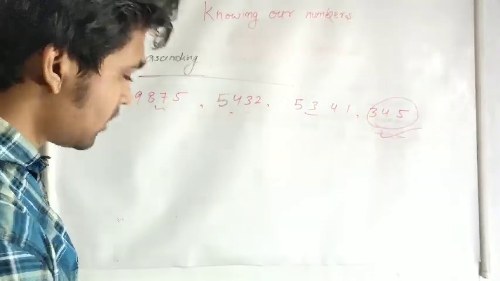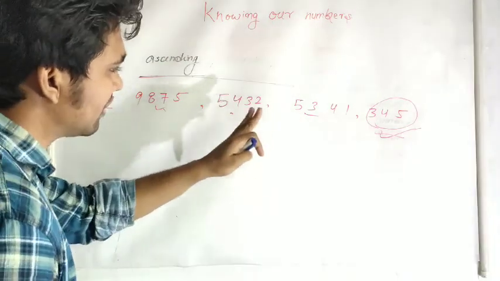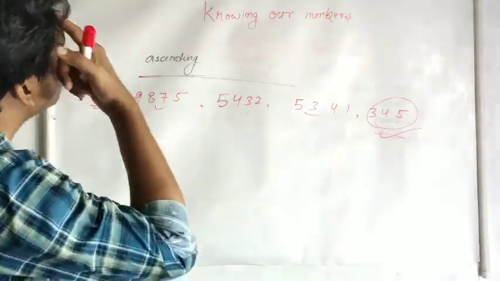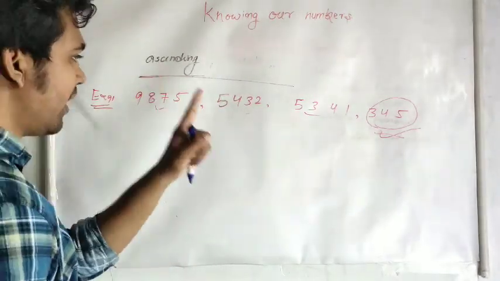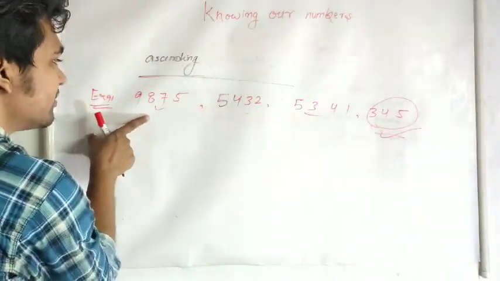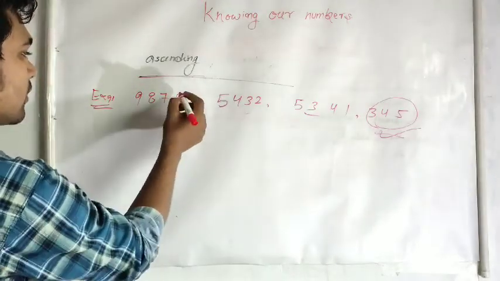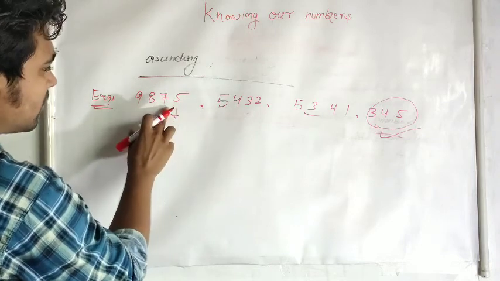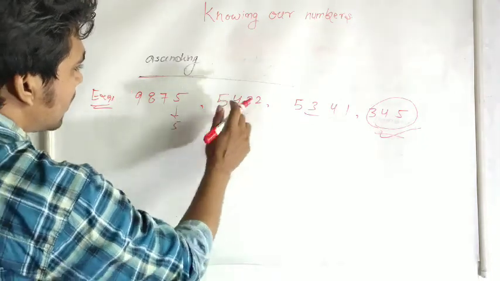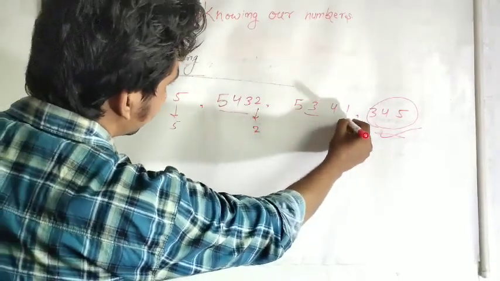So here, we have already discussed the place value of the given digits. When we count from the right side in each of these 4 digit numbers, the digit at the first place is 5 in the first number, 2 in the second, and 1 in the third.